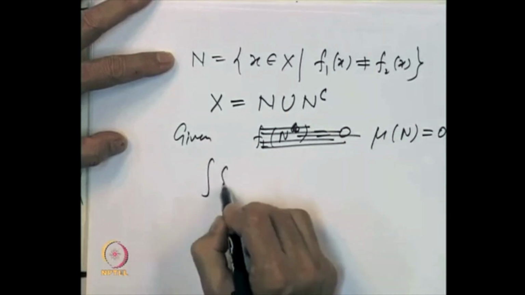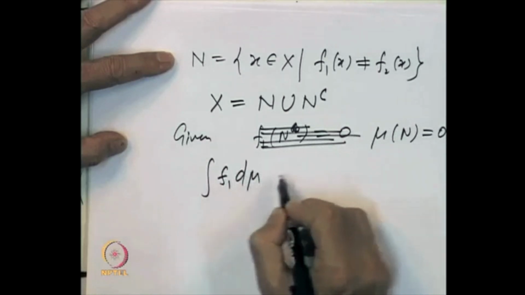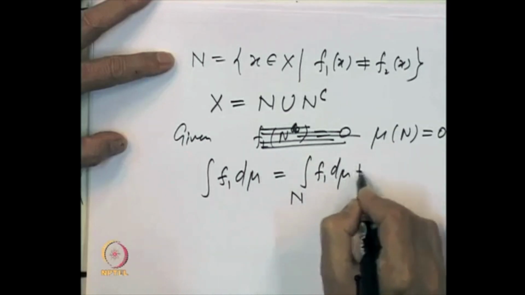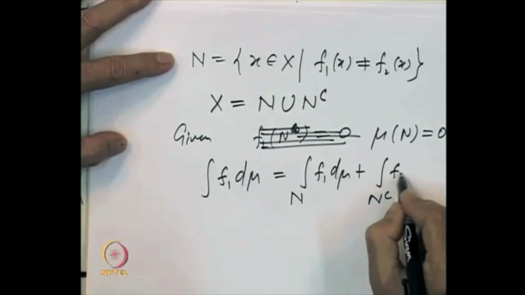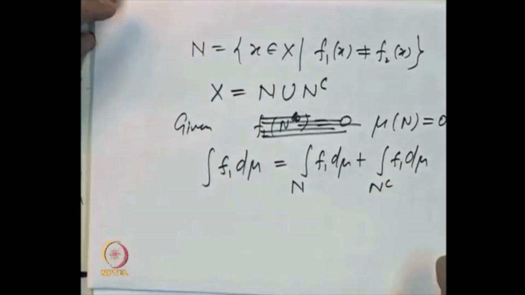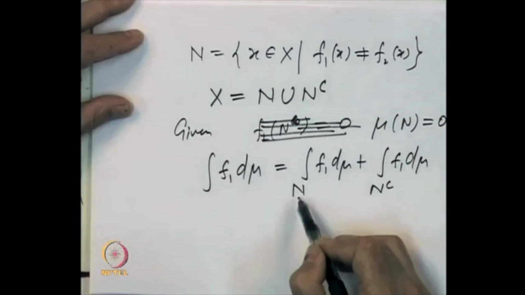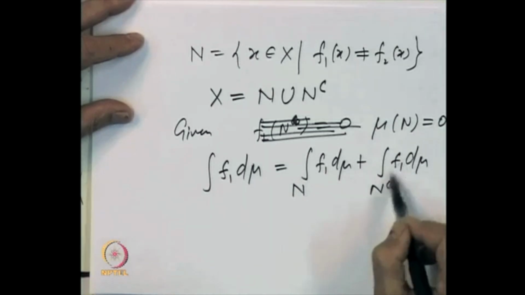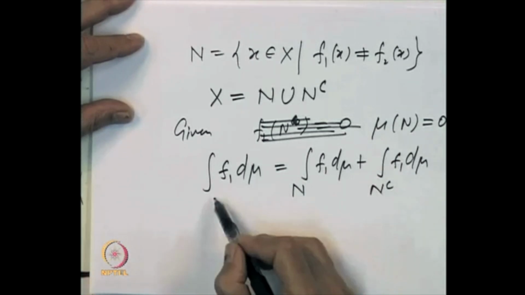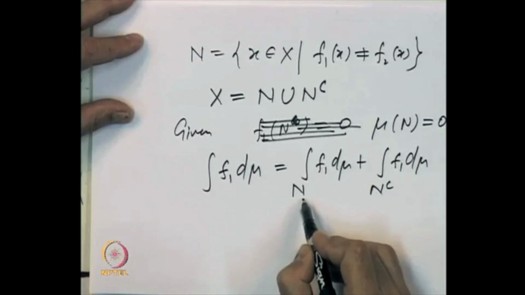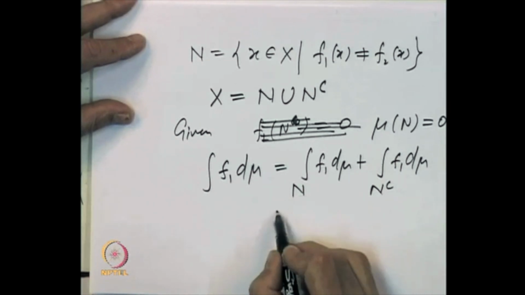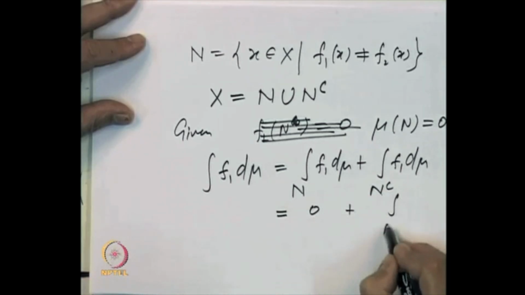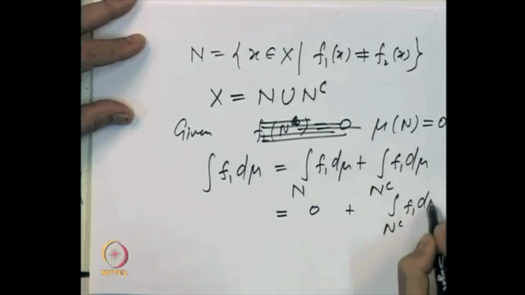So now the integral of f1 d mu can be written as the integral over N of f1 d mu plus the integral over N complement of f1 d mu. This is by the fact we just proved that the integral over a set is a measure. So this is the integral over N and the integral over N complement, which gives you the integral over the whole space, and mu of N being equal to 0, this first term is 0 plus the integral over N complement of f1 d mu.